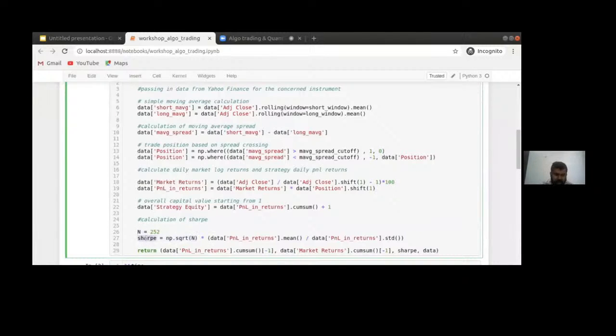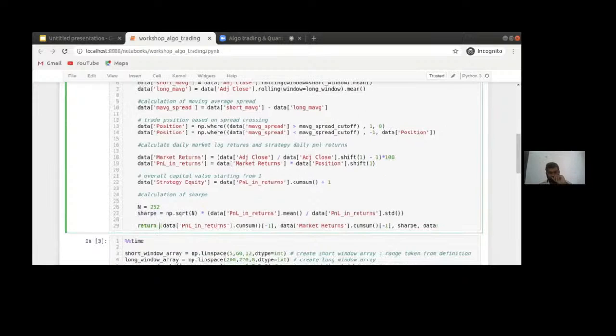At the end of this function, I'm returning my final PNL in returns, the market returns, meaning how much the market would have given me over this period, the Sharpe ratio, and the data.